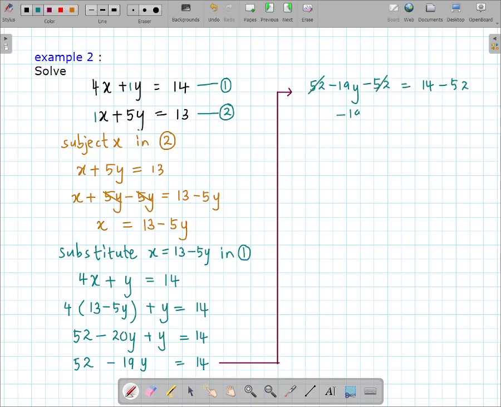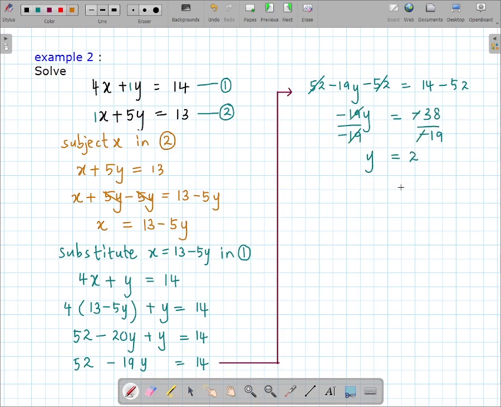Minus 19y equals 14 minus 52, that is minus 38. Then I'm going to divide both sides by minus 19. Then minus 19 gone. Then y remains. Y equals, minus minus gone, 38 divided by 19, that is 2.